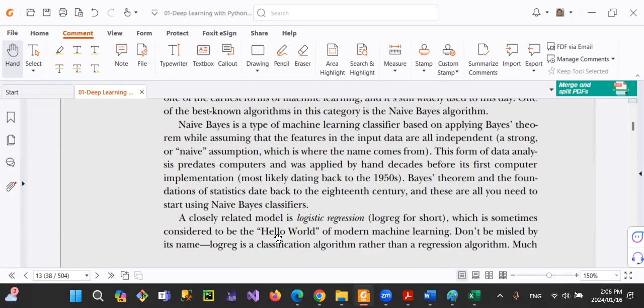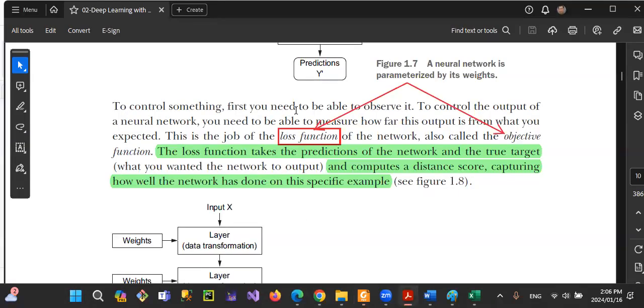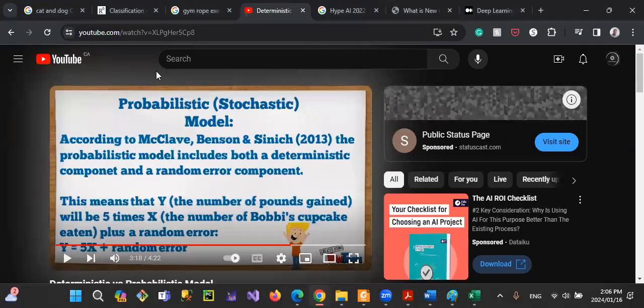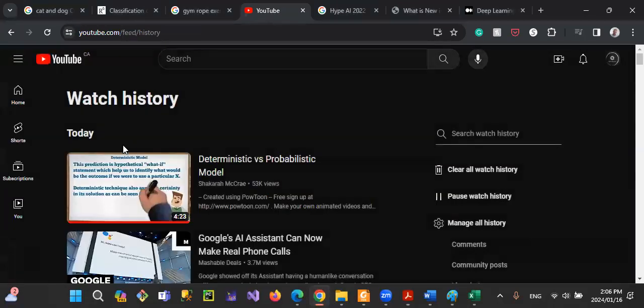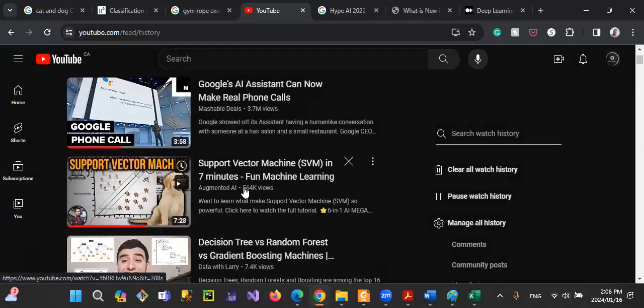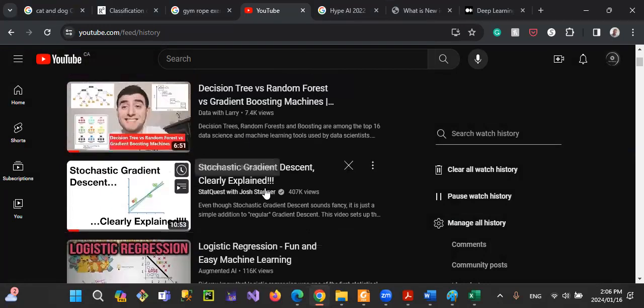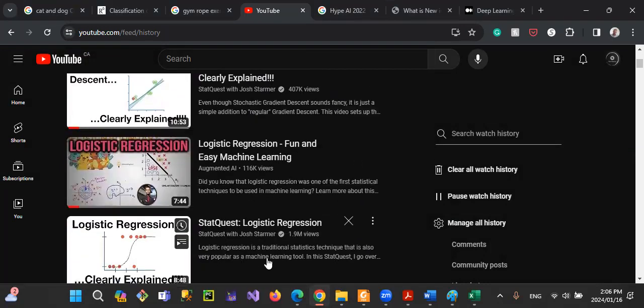Logistic regression, is it a regression? Yes. Opposite of the name, it's not regression, it is classification. Okay, just to let you know. And for that reason, we are going to watch, I think, either the last or second last video. Oh, it's support vector machine, but logistic regression.